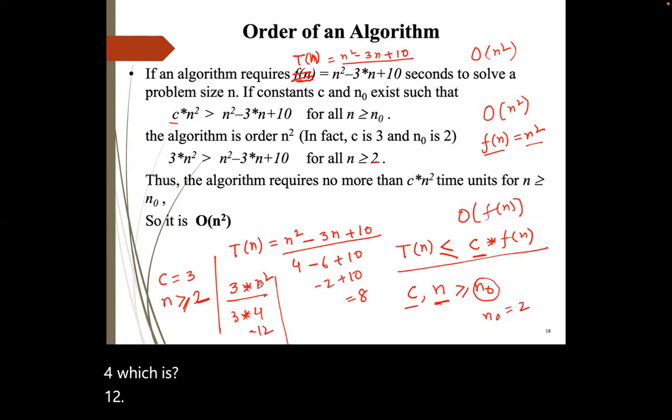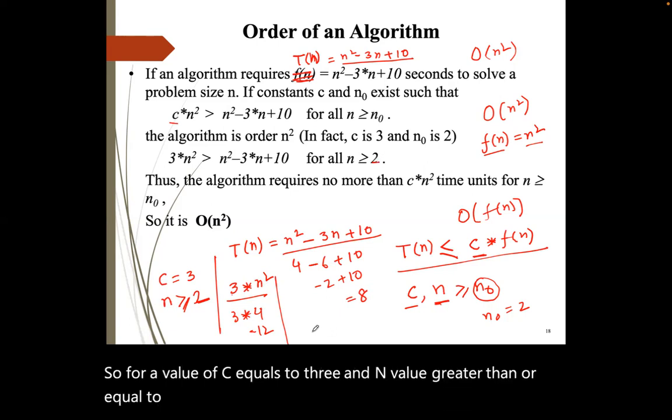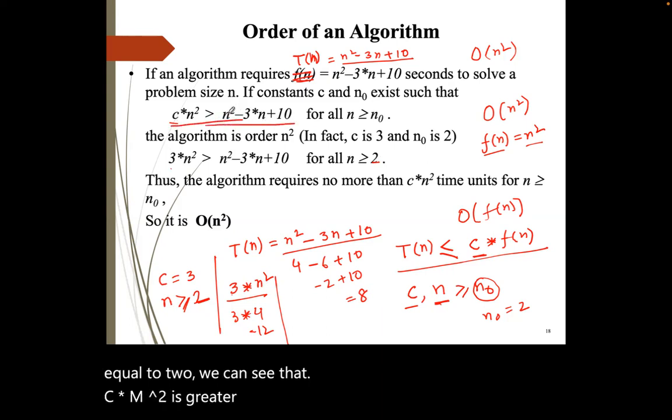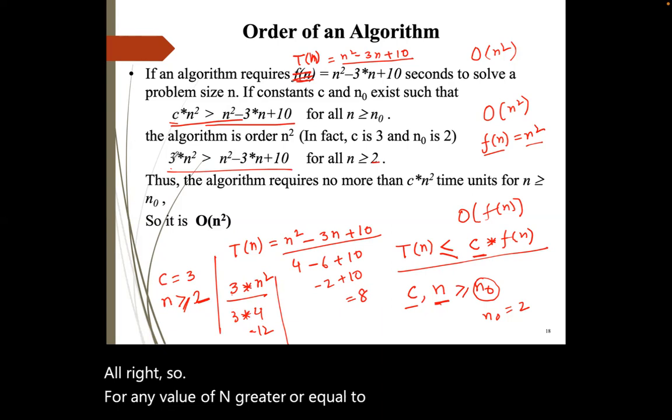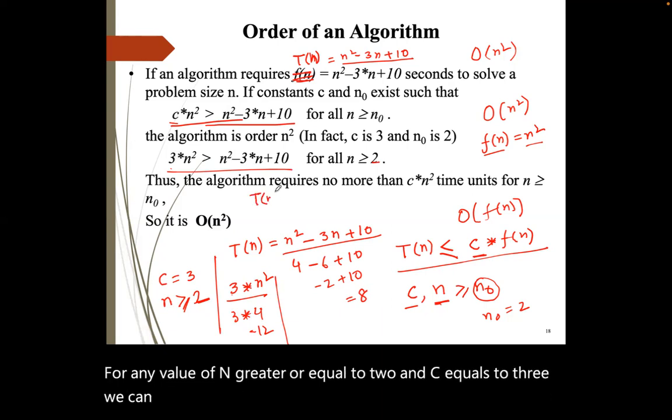So for c equals 3 and n greater than or equal to 2, we can see that c times n square is greater than T of n, n square minus 3n plus 10. So for any value of n greater than or equal to 2 and c equals 3, we can say that T of n will always be less than or equal to c times f of n.